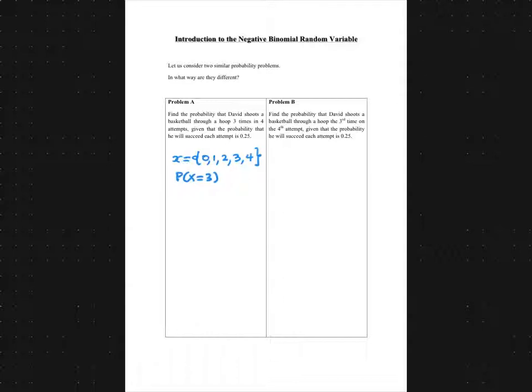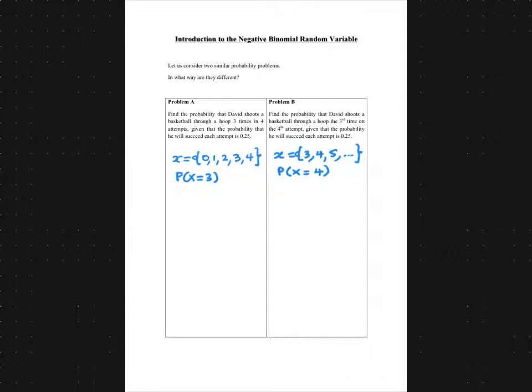In problem B, however, we are looking for the 3rd success, and x is the number of trials that will give you the 3rd success. So x here will be equal to 3, 4, 5, and so on. And in this particular problem, we are looking for P(x = 4), meaning that we want to have the 3rd success on the 4th attempt.